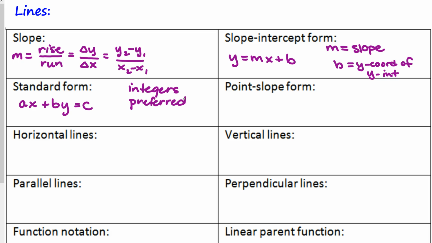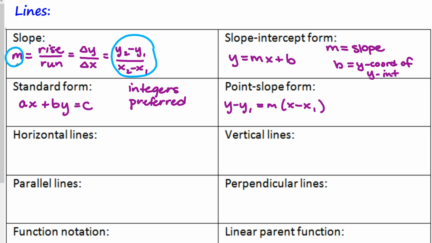Point-slope form looks like this: y minus y1 equals m times x minus x1. That is just derived from the formula for slope. If we took the formula for slope that we had back here, replaced y2 and x2 with x and y, and then multiplied both sides by x minus x1, we would get this equation.